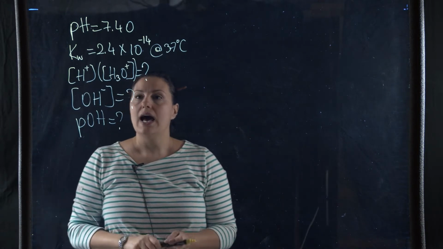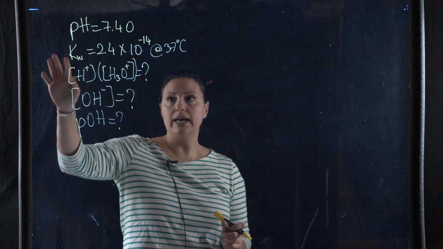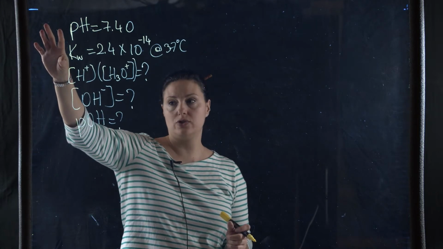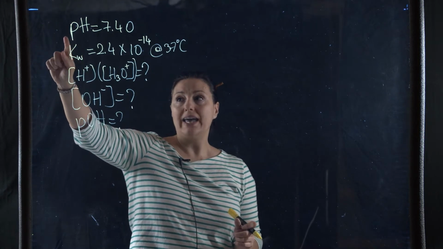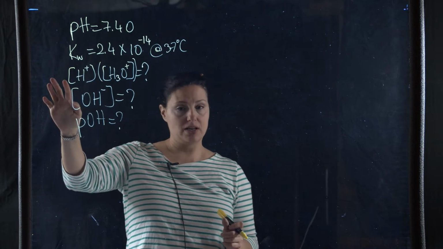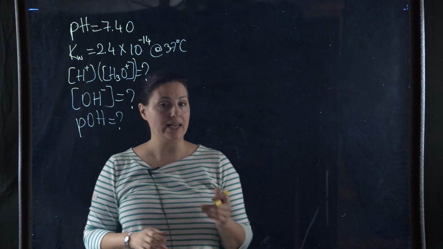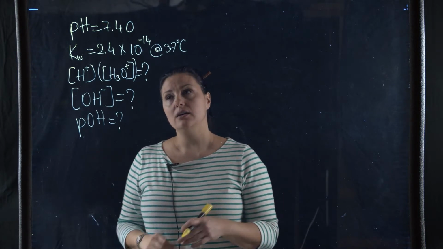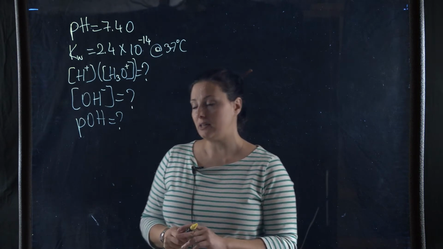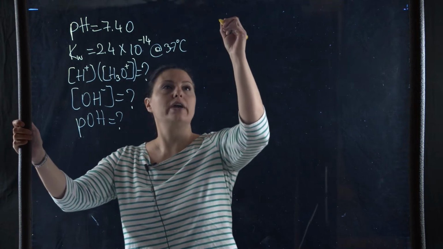Okay, I don't have anything other than these two values, first of all. I have a pH. I don't have an H plus concentration, but I have a pH. And because I have that, I can calculate the concentration of H plus or H3O plus.